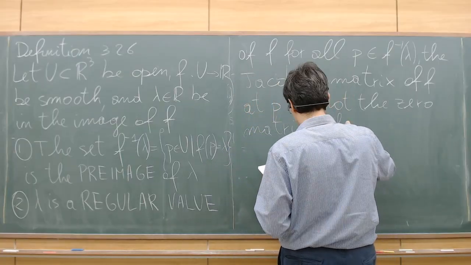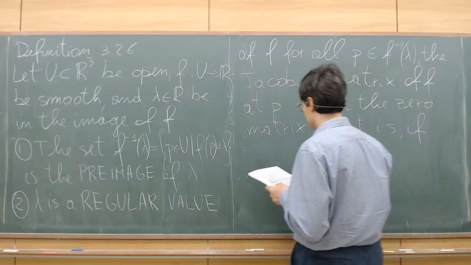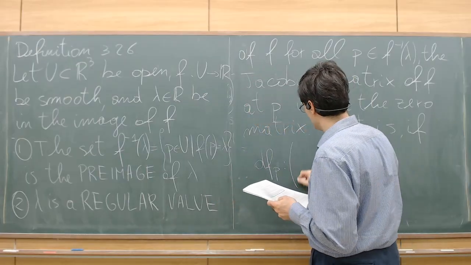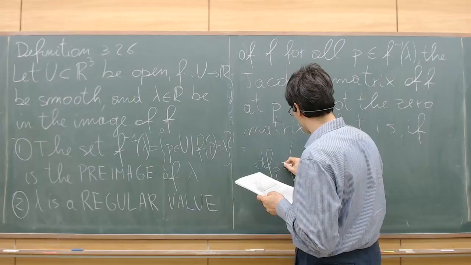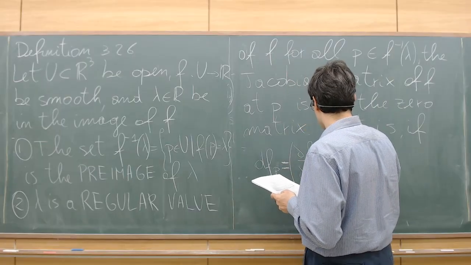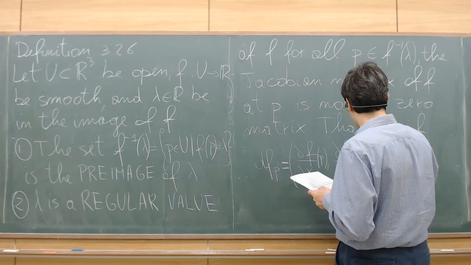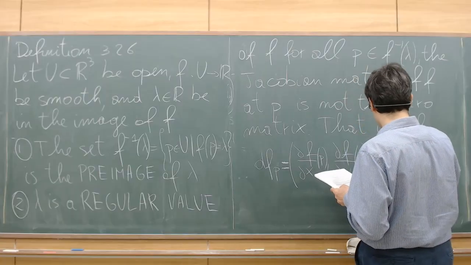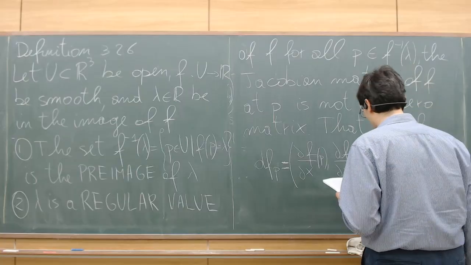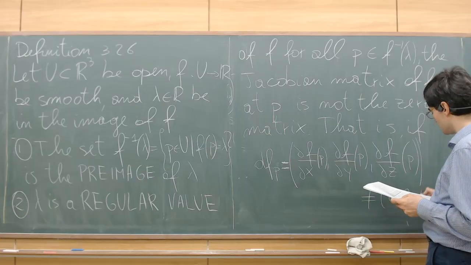that is, if dF at p, which is given by dF/dx at p, dF/dy at p, dF/dz at p, is different from (0, 0, 0).